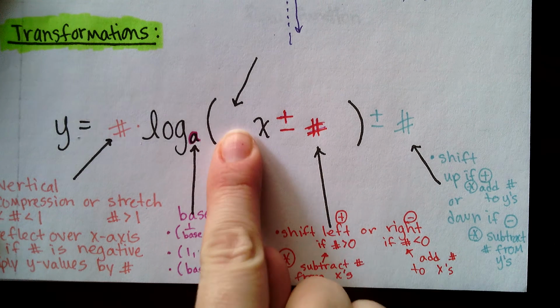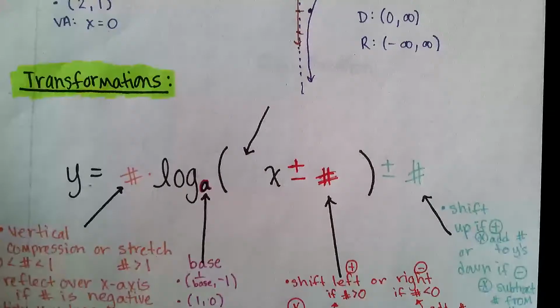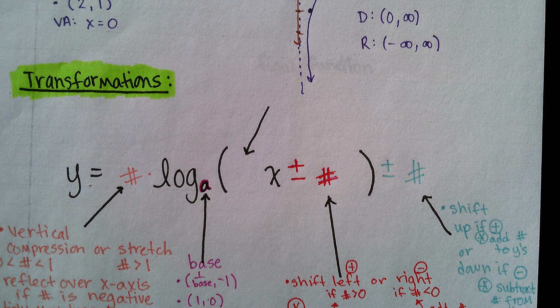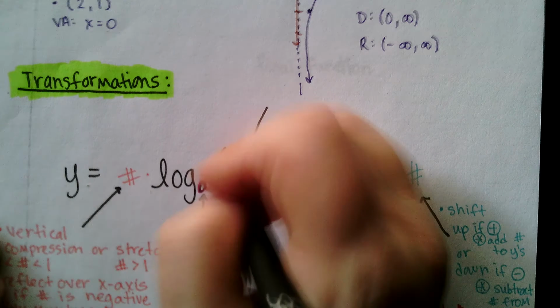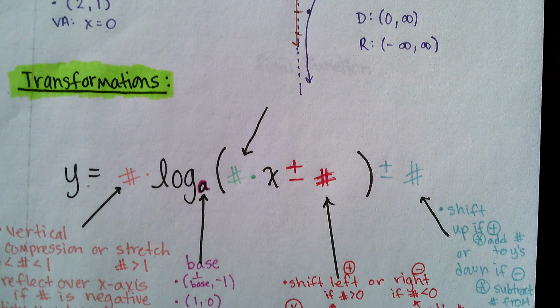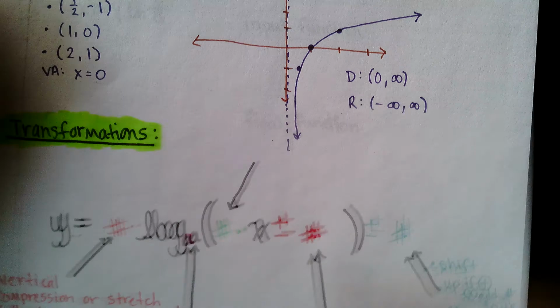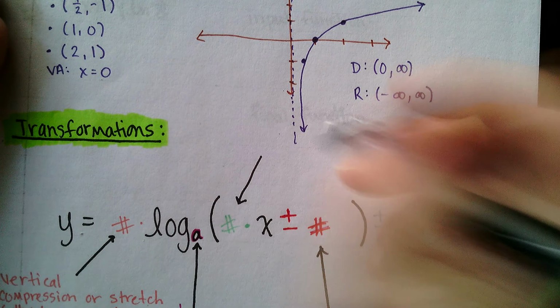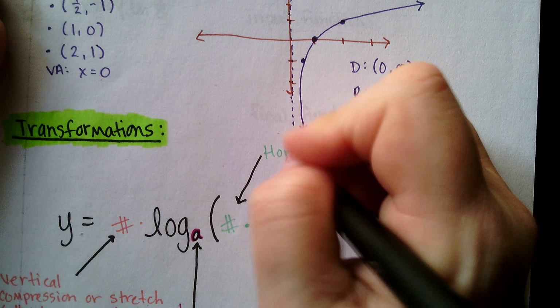Then we could have a number inside multiplying by the x that's inside the logarithm, so a number times the letter x inside the logarithm. That is a horizontal stretch or compression.